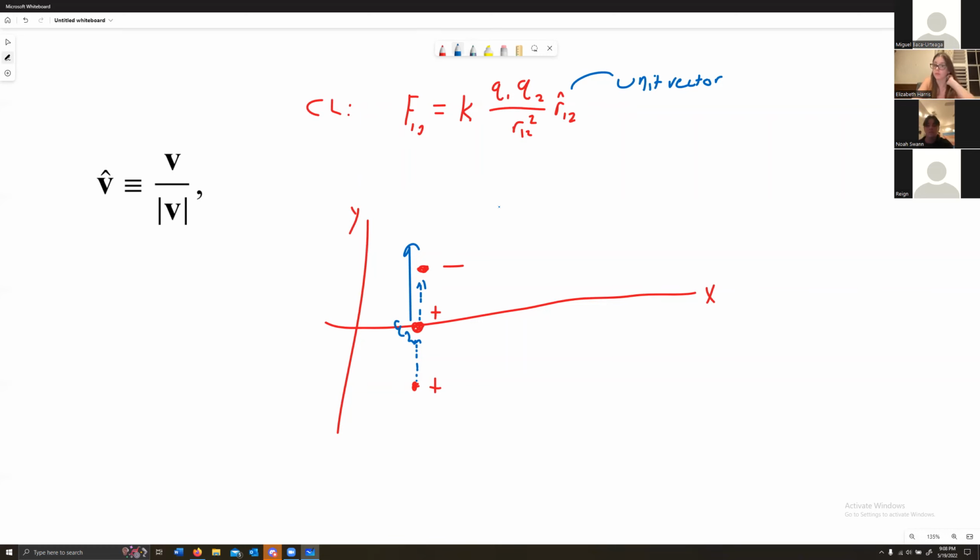In this scenario, you'd find the force from the bottom charge to the middle one, and then the force from the middle one to the top one, and then add those together. Yeah, basically. Let me pull out my homework notes.